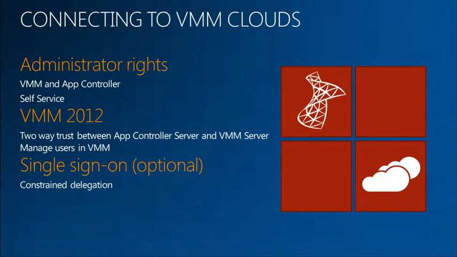As you saw in the example where we connected to Azure, the RBAC model is defined within App Controller. But for VMM, we don't duplicate RBAC. We don't attempt to do our own RBAC on top of VMM's RBAC. So if you are a member of some roles as defined by the VMM server, that's what you'll have access to when you log into App Controller.